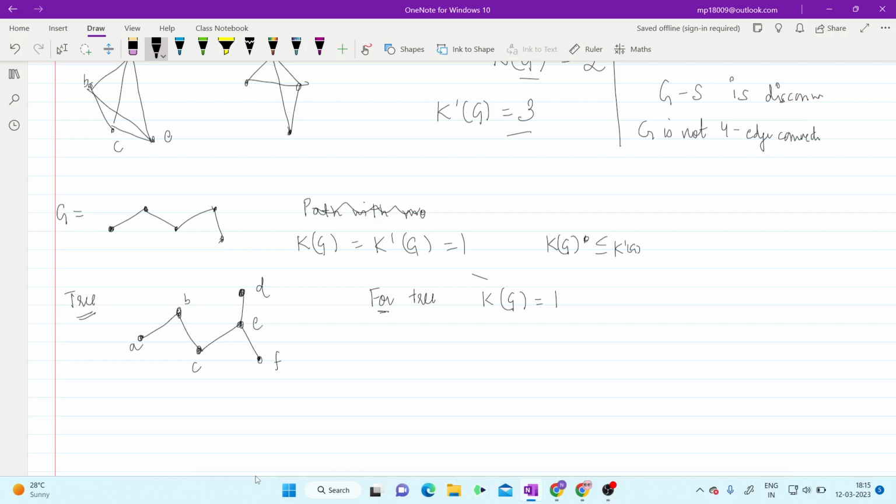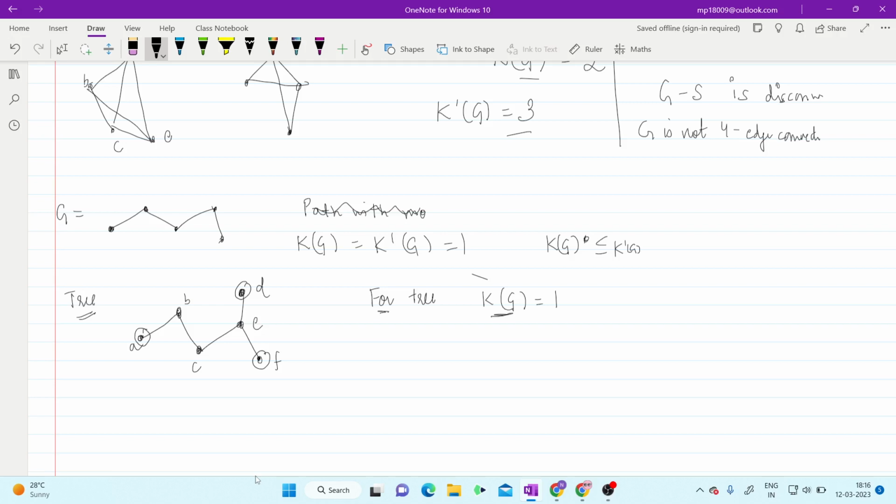If you remove D, but we have to ensure this for every vertex, right? Removal of D won't make this graph disconnected, but removal of some vertex will surely make this graph disconnected. In a tree, the vertex that you have picked is a leaf. If you remove any non-leaf vertex, then the graph will become disconnected. So for a tree also vertex connectivity will be 1.